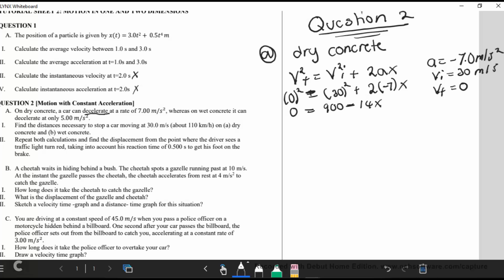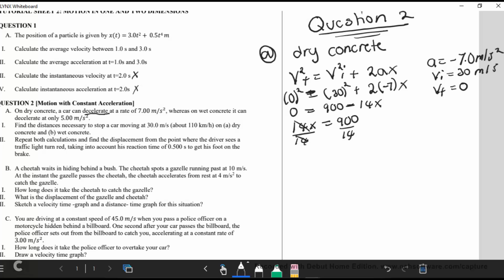x. When I get this negative 14x, I make x the subject of the formula: positive x is equal to 900 divided by 14.